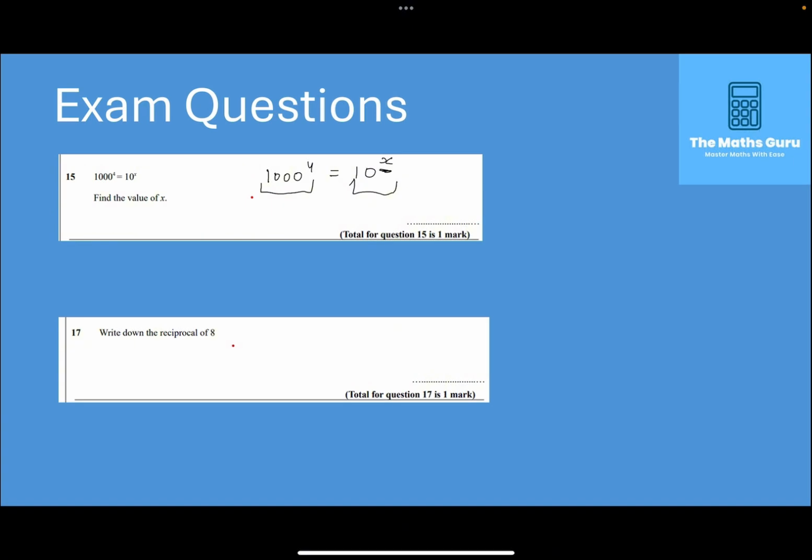Okay, so using our indices rules, what we want to do is make the bases the same, because as we looked at before, a to the m and a to the n, we always like to deal with indices when they're in the same bases. So what we can do is write this 1000 as a base of 10.